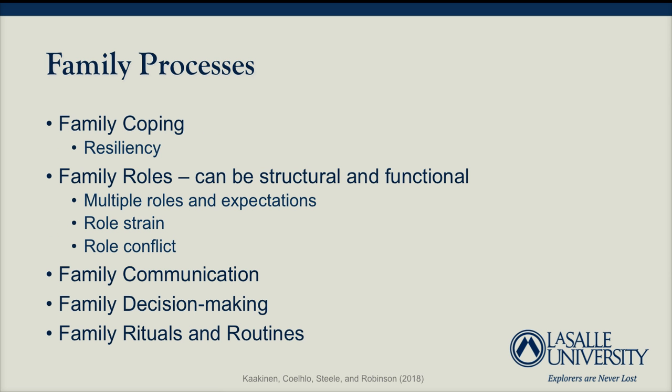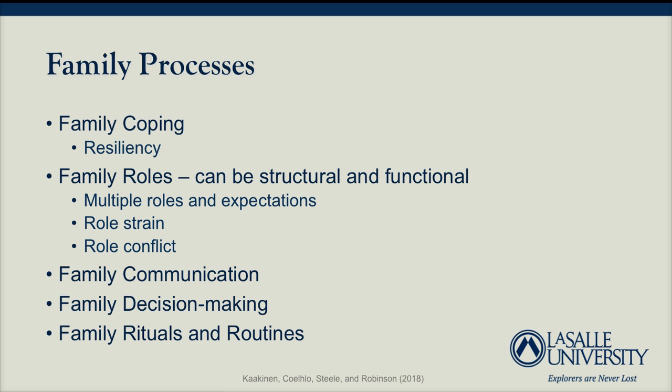Family processes have to do with the interaction between the family members. And alterations occur when families face normative, which are expected changes, versus non-normative changes, such as illness. And family roles are formal when they're associated with position and structure, for example, a parent, child, spouse, grandparent.